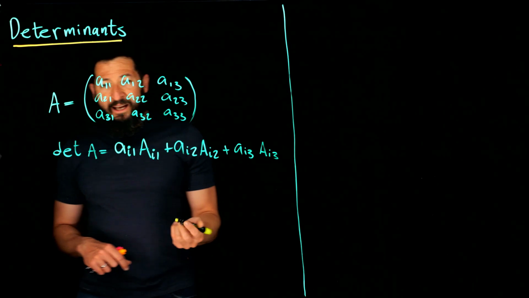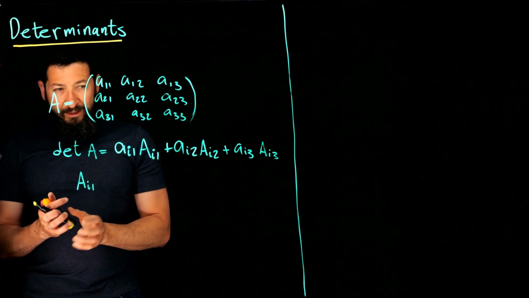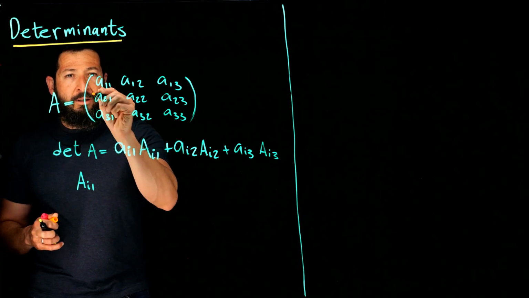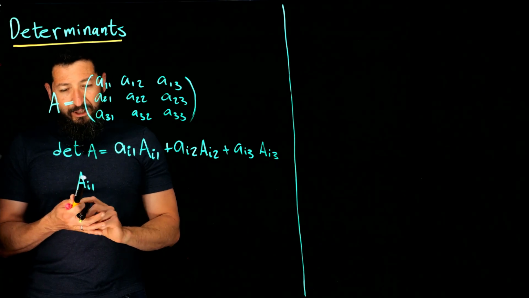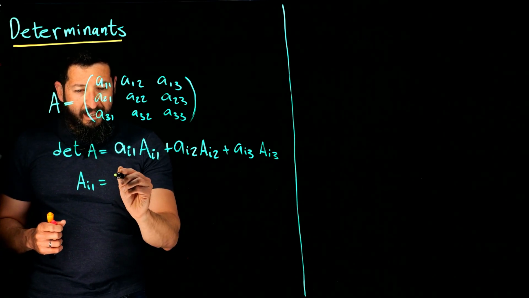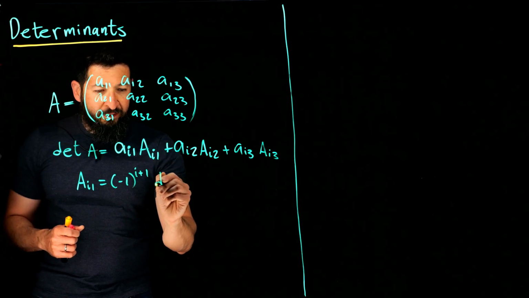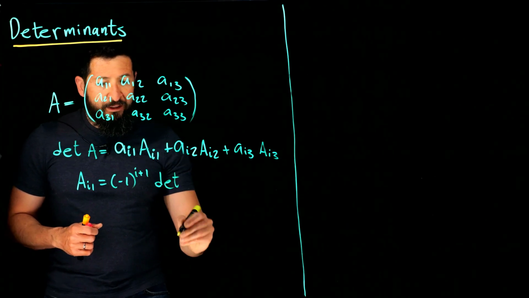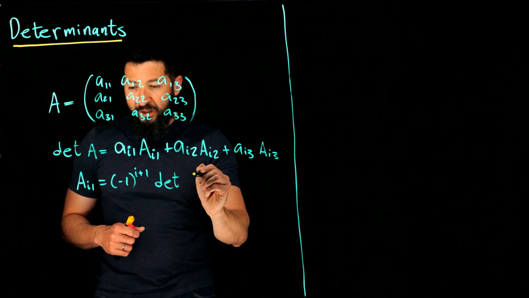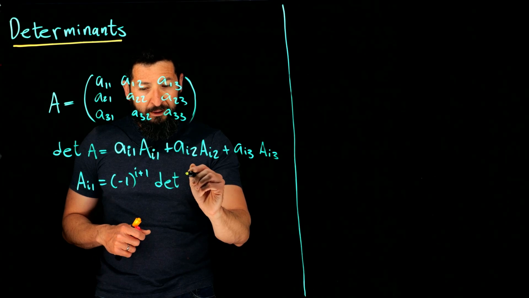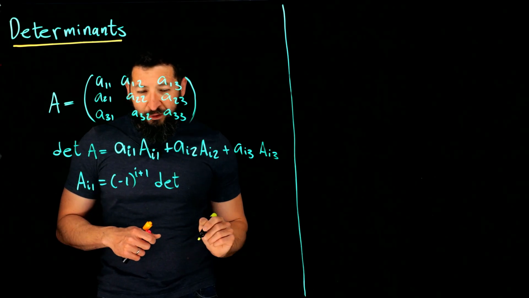Alright, so what are these cofactors? Well, the cofactor A i1 is going to be your -1 to the i plus 1 times the determinant of the submatrix that you obtain by eliminating the ith row and first column.